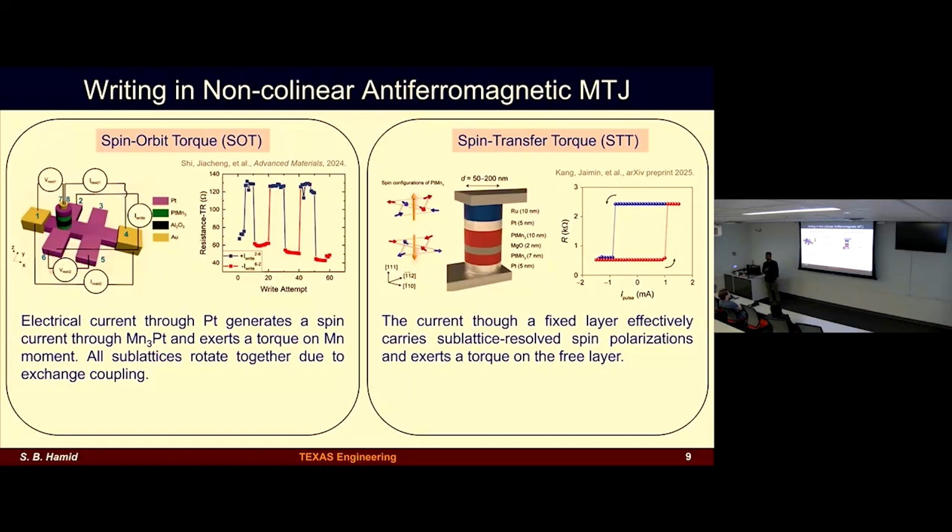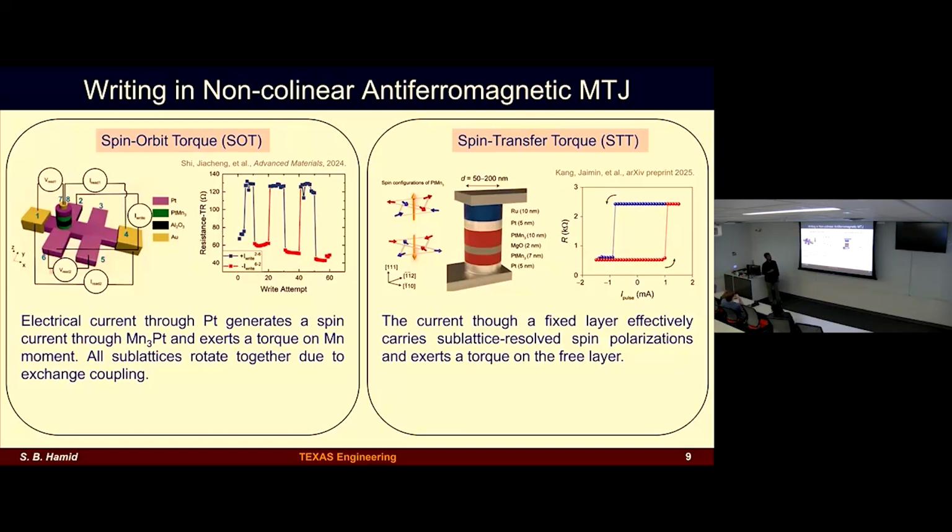We can also write to these devices using conventional spin torques. For example, we can use spin orbit torque as shown here, and these are all very recent experimental results. As you can imagine, we pass a charge current through the bottom platinum layer, and that introduces a transverse spin current that travels through the free layer, which here is platinum manganese 3, a non-collinear antiferromagnet.